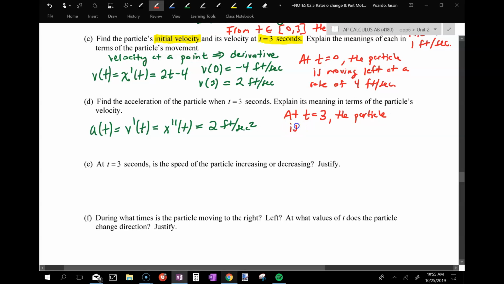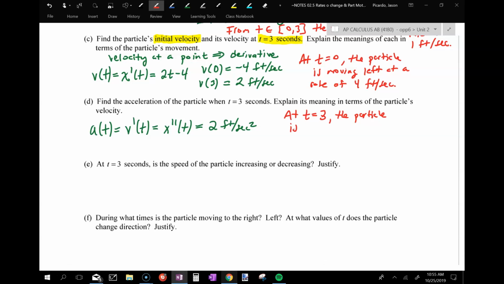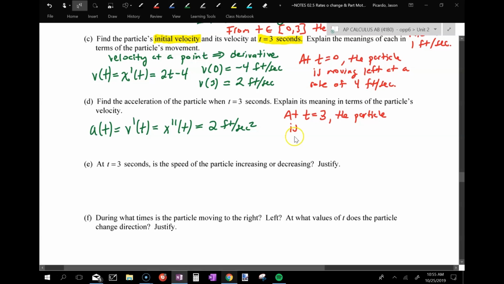The particle is, okay, what's happening here? What are we analyzing again? When we do acceleration, we're analyzing the change in the what? The change in the velocity, right? So how is the velocity changing? Give me a word. I want a word about the velocity. The velocity is doing what? Yeah, somebody said it.